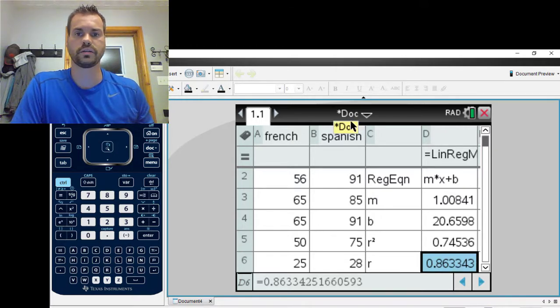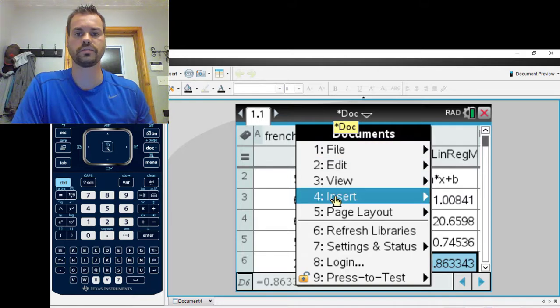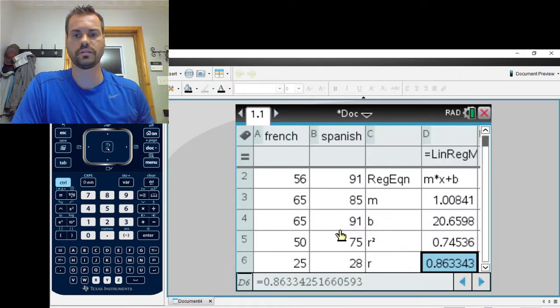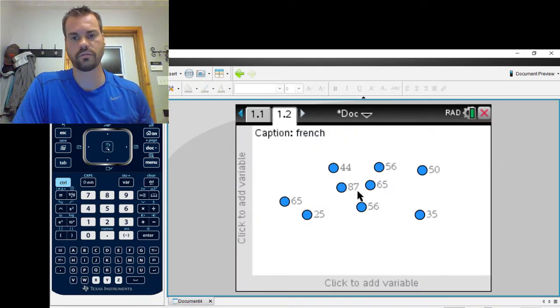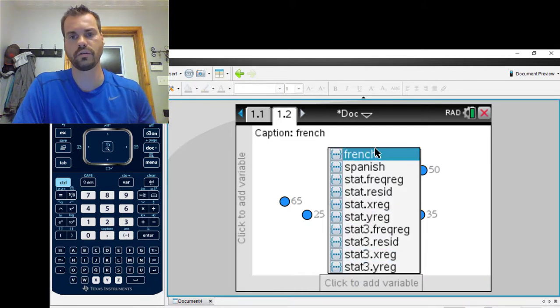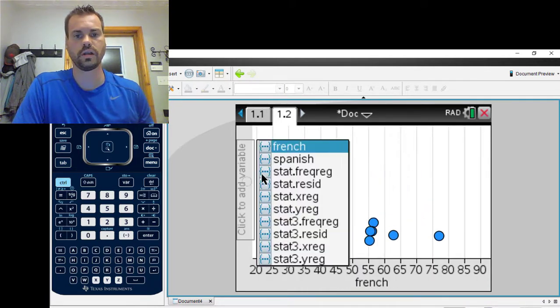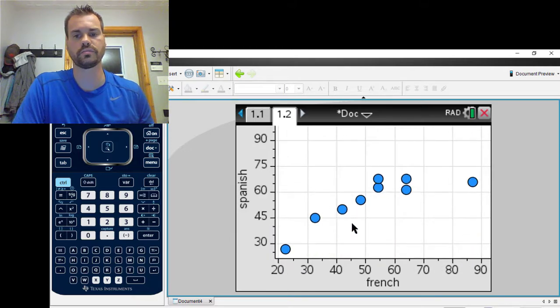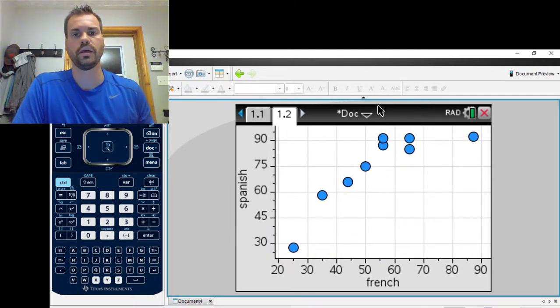Now, if I ask this to then insert a data and statistics, it'll draw the graph for me. So if I put my French down here and I put my Spanish here, there's my scatter plot.